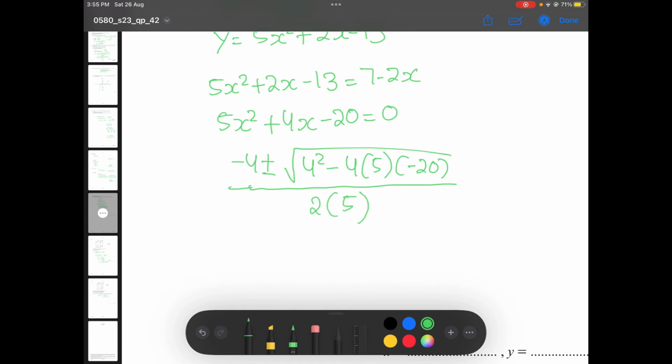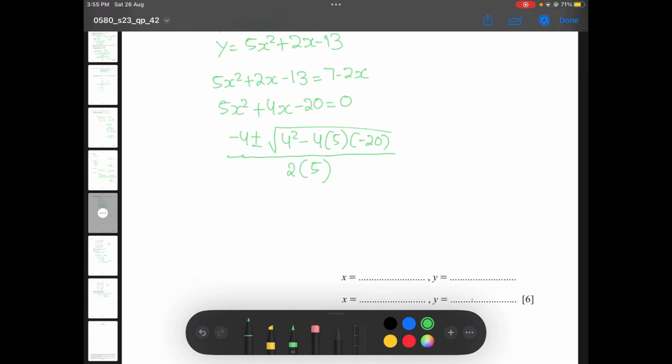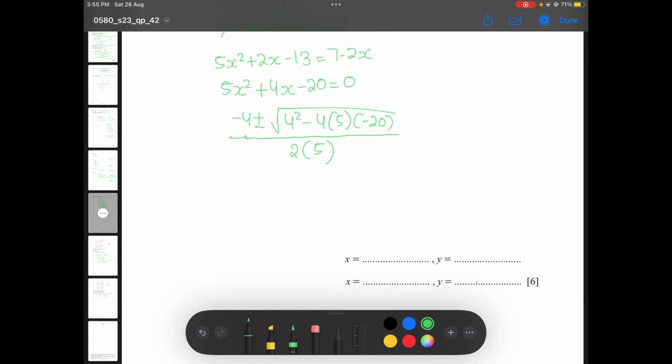So let's figure this out. Now that is going to be negative 4 plus or minus the square root of 4 squared minus 4 times 5 times negative 20, over 2 times 5.